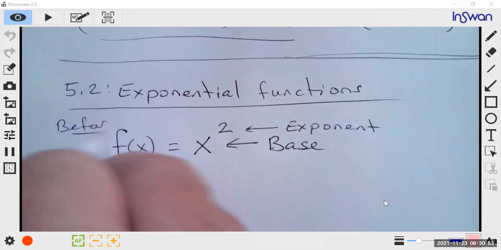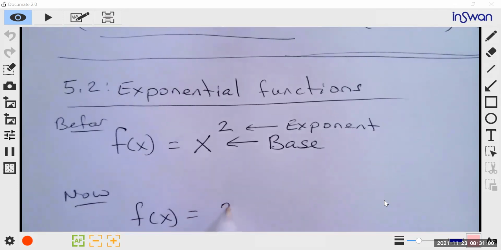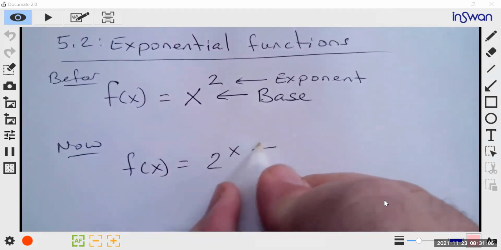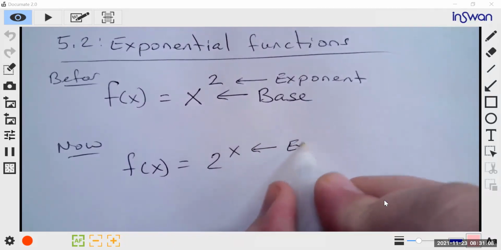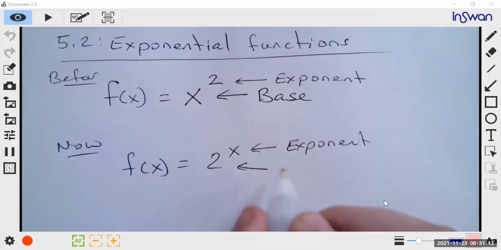So we did this before. Now, things have changed. The variable is the exponent, and the base is a number.